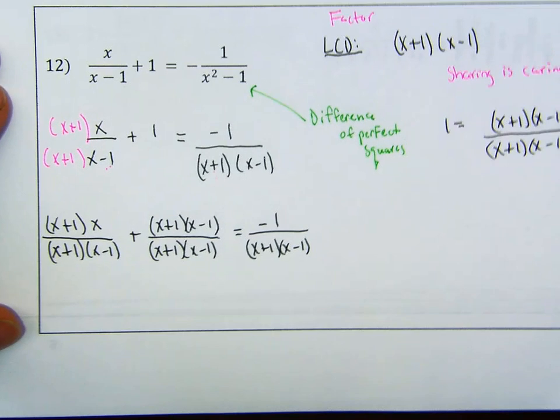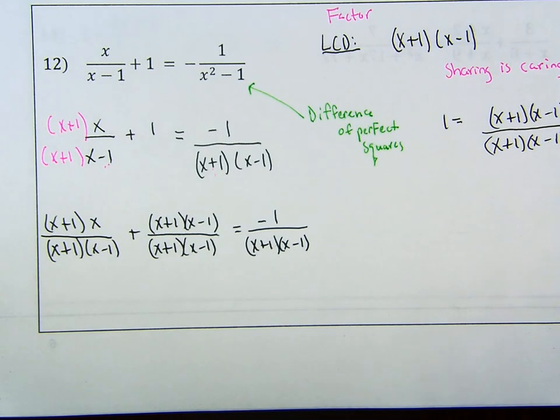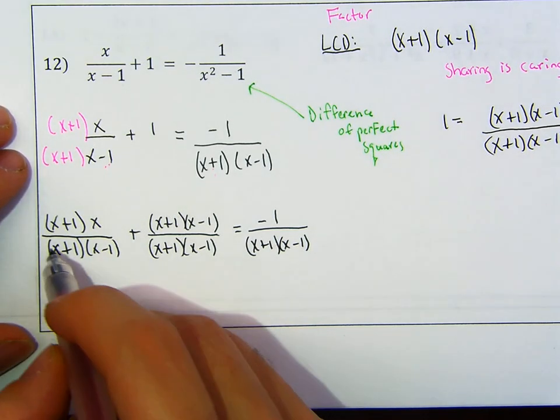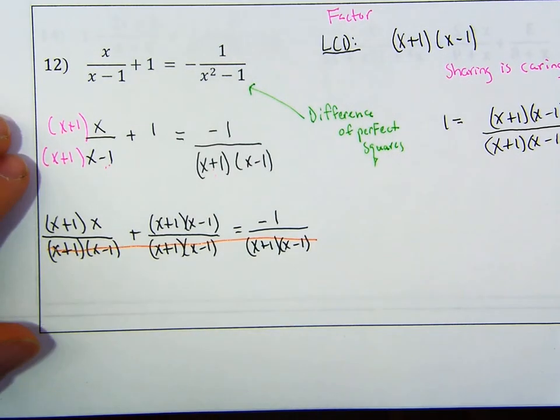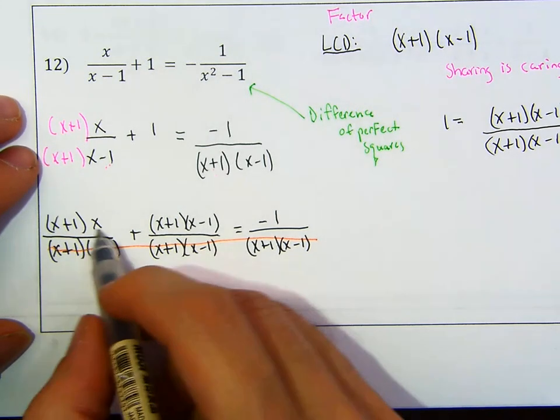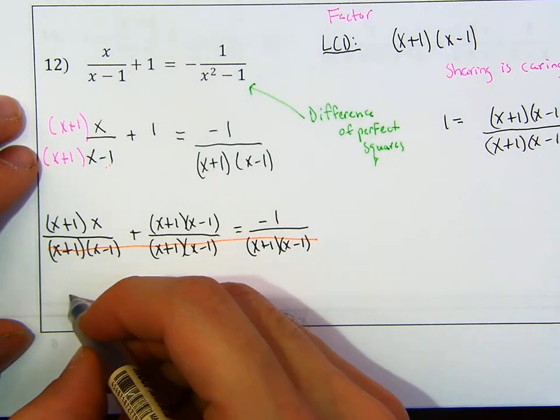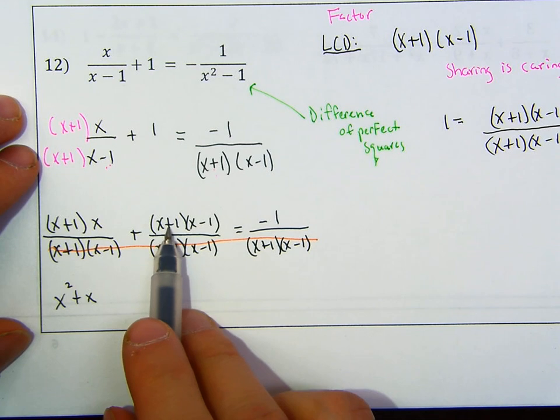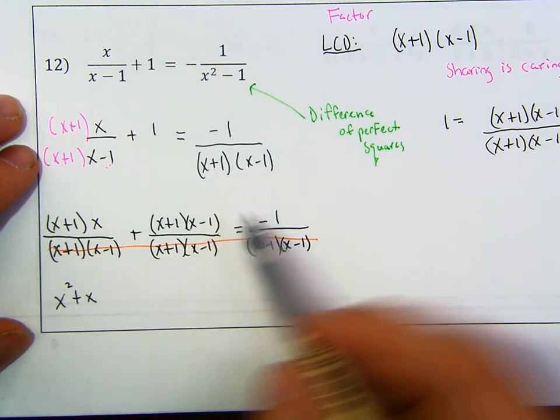Whew! That is a lot of work. But that's why it's level 3, right? It gets more difficult. So now what did we accomplish? The denominators are the same. Okay. Now here, this becomes x squared plus x. And here, what is x plus 1 times x minus 1?